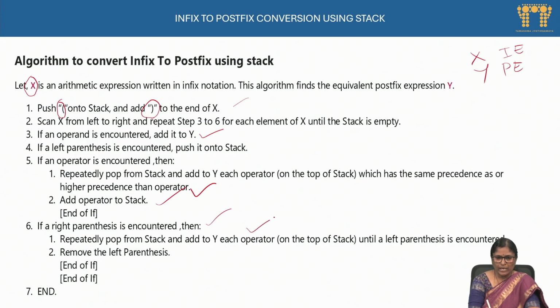Remove the left parenthesis from the stack and don't add it anywhere. Steps 3 to 6 are repeated until your stack is empty. When your stack is empty, you have the required postfix expression.